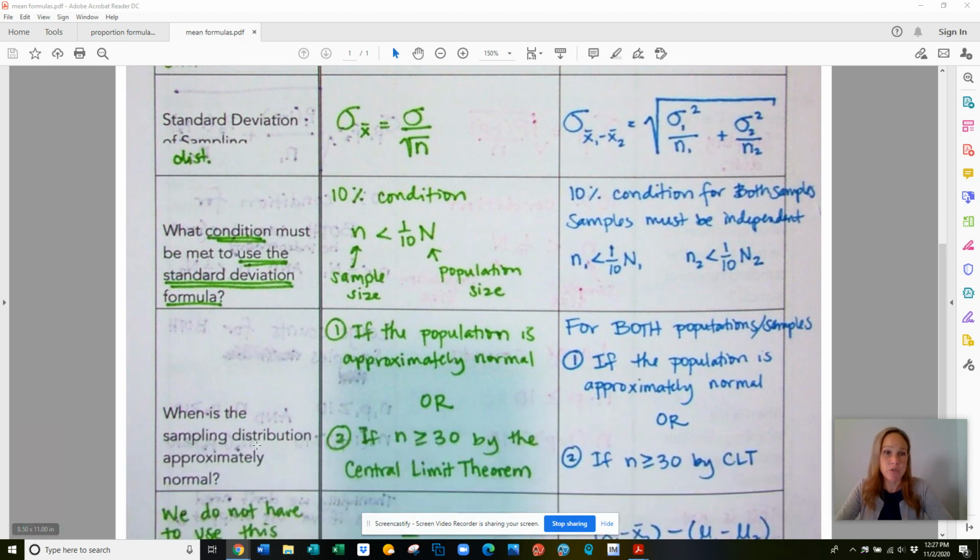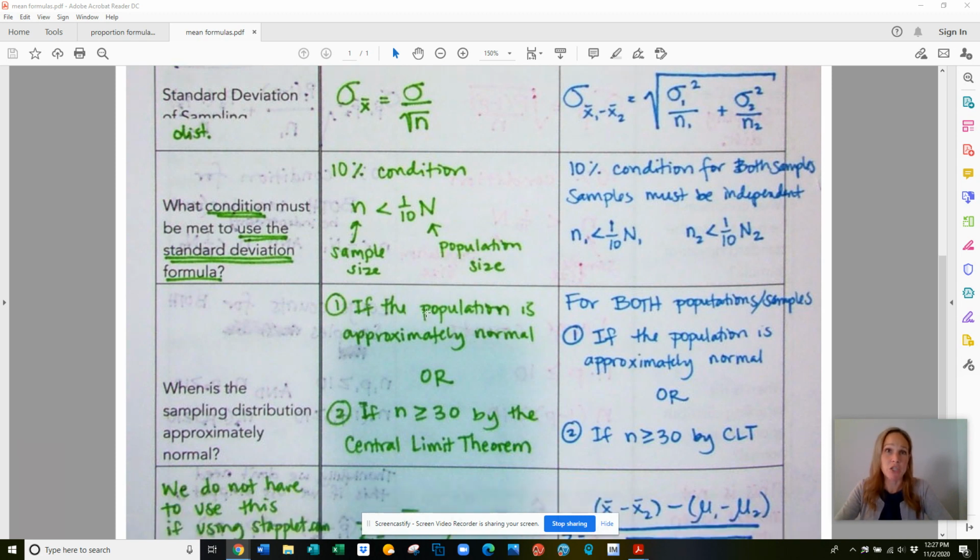When is the sampling distribution approximately normal? Well, we can meet one of two requirements. If the population is approximately normal, then we know that the sampling distribution will be approximately normal regardless of your sample size n.